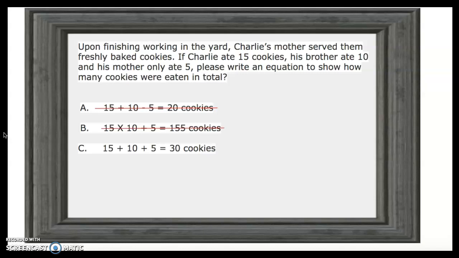That leaves me with the last one, and let's make sure that it makes sense. 15 plus 10 plus 5 equals 30. Well, Charlie ate 15 cookies, his brother ate 10, and his mother ate 5. That's 3 numbers that I'm putting together, and it says how many were eaten in total. That's going to give me 30 cookies. So that is the equation that shows our story problem.